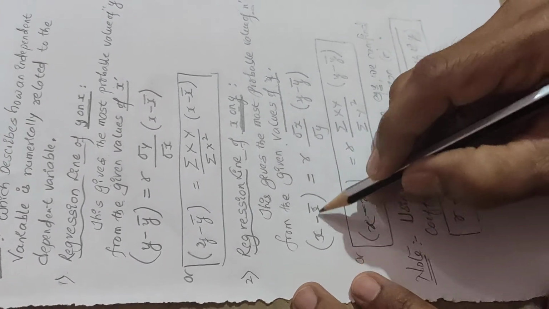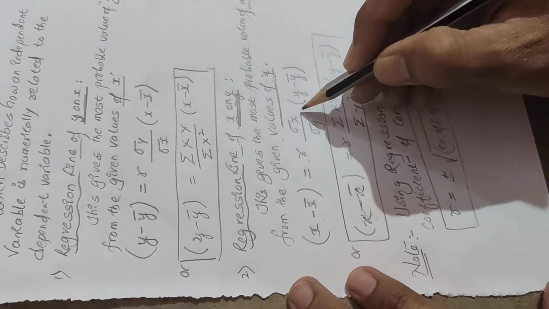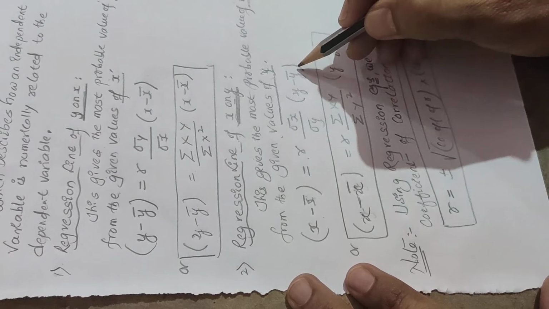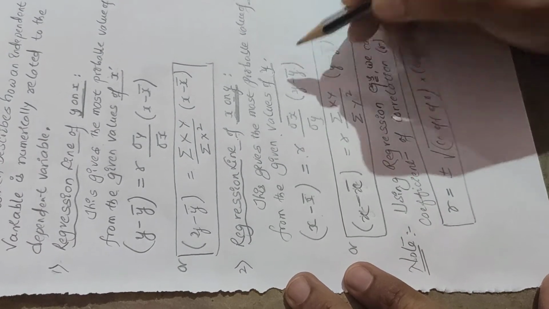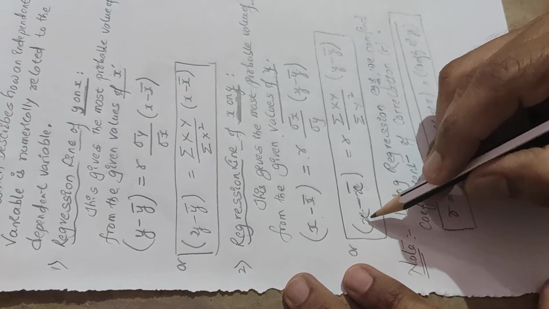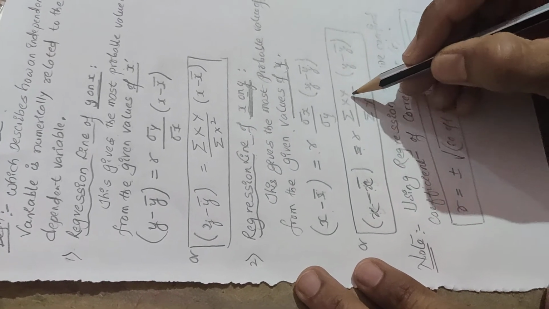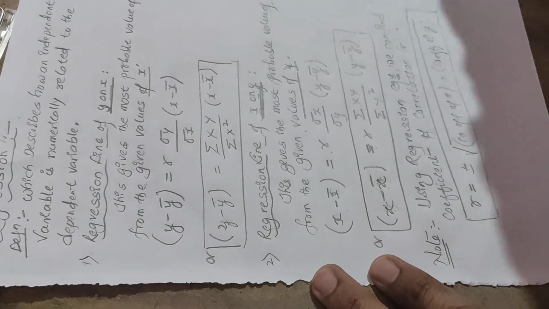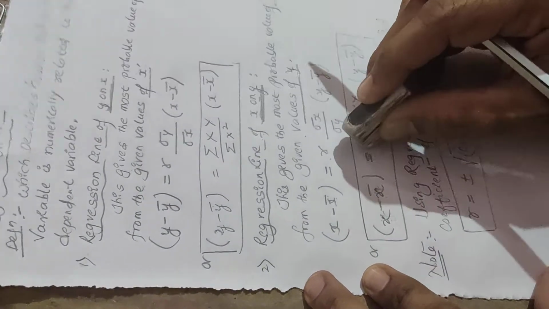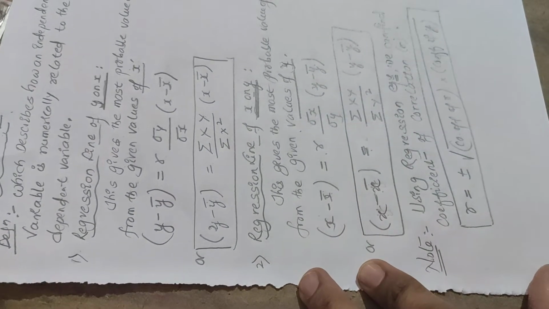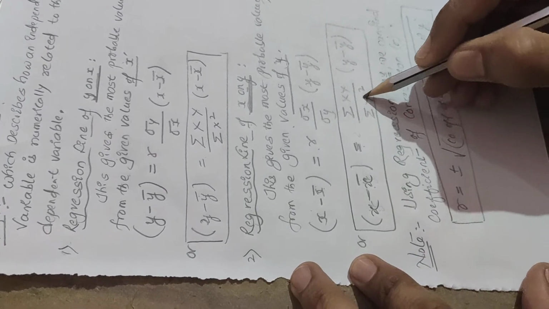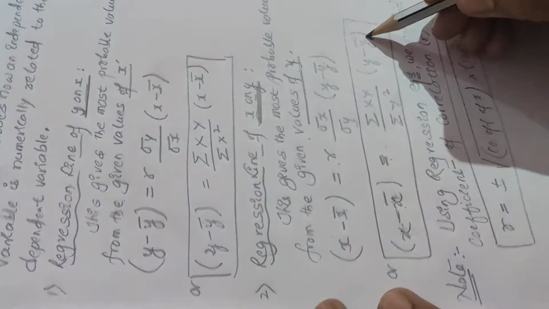That will give you x minus x bar is equal to r into sigma x by sigma y into y minus y bar. Or the alternative formula, x minus x bar is equal to sum of xy by sum of y square into y minus y bar.